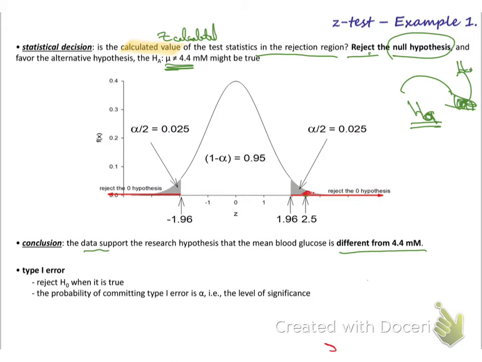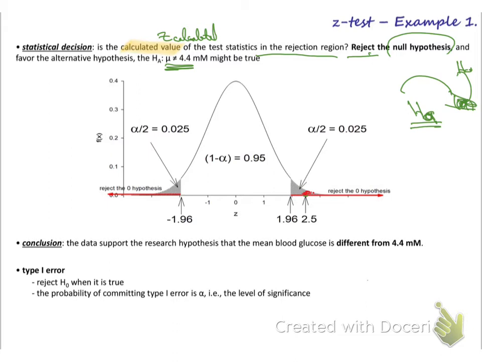Type 1 error. Coming here to type 1 error, in this case type 1 error means that we have rejected our null hypothesis, so it is related to the null hypothesis.